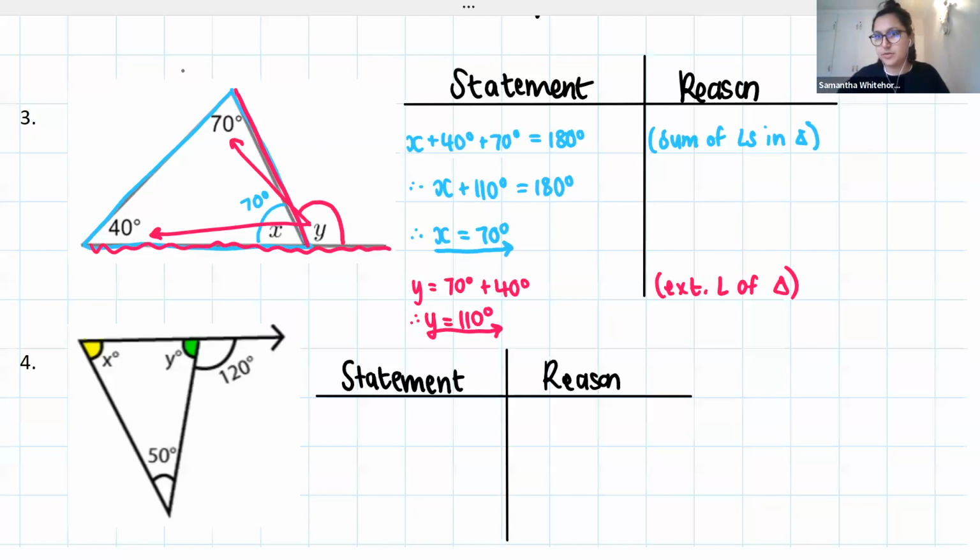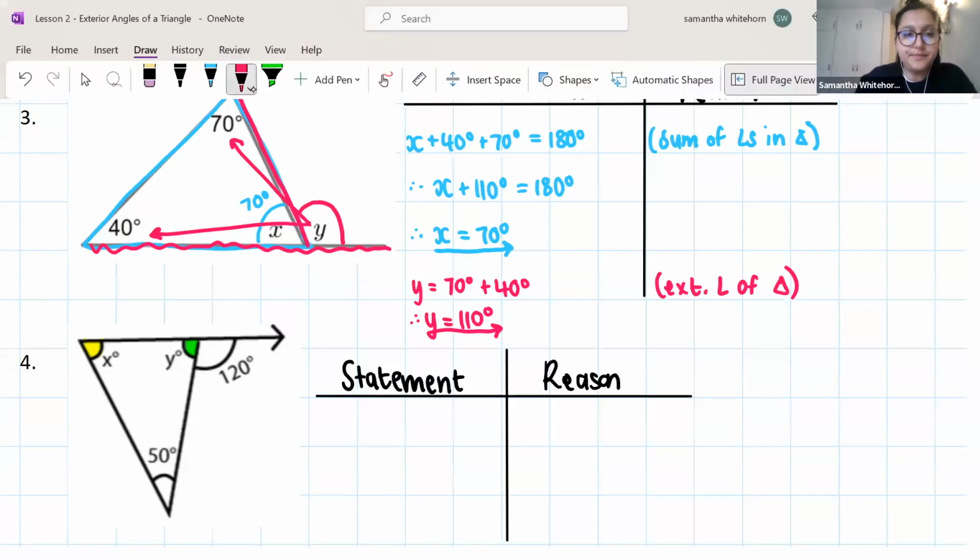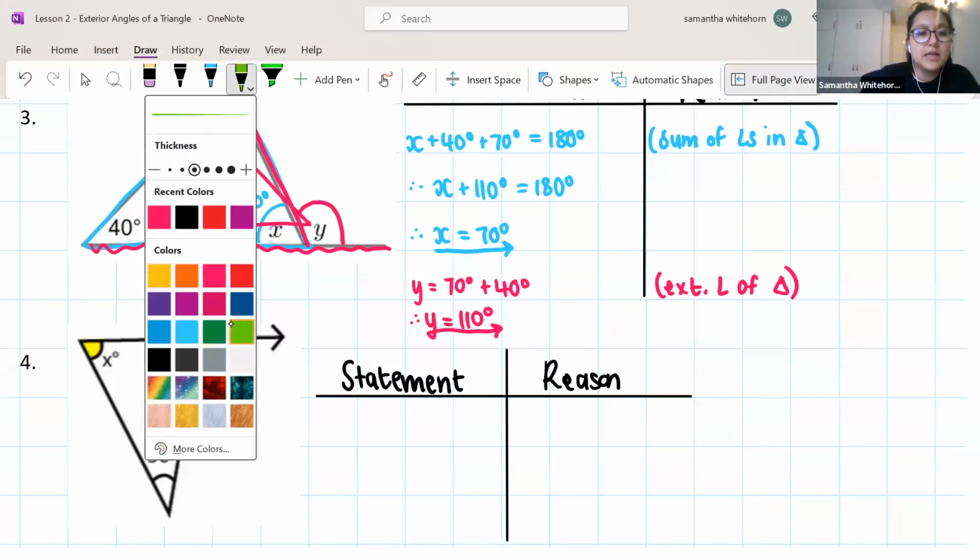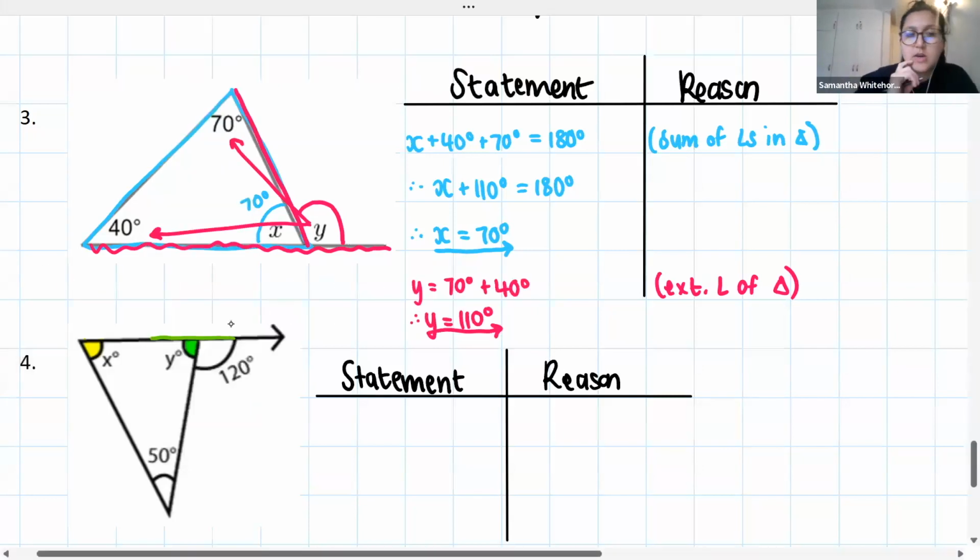Guys, please remember those reasons. Okay, let's have a look. So I think most of you probably started with Y because I don't want to say it's the easiest one, but we can clearly see that Y and 120 are angles on a straight line. I'm fine if you start with Y. Doesn't make a difference.